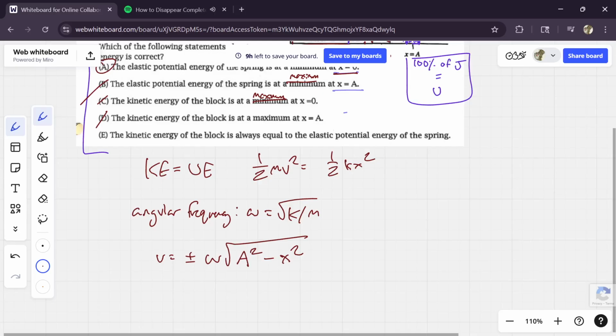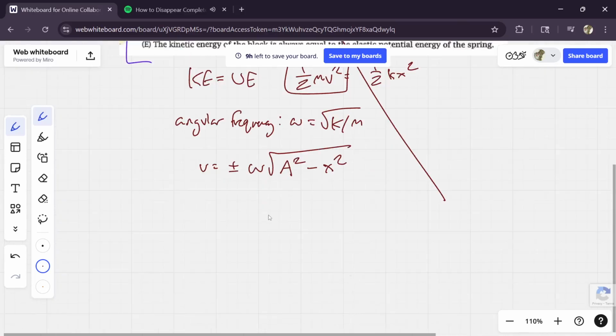So we actually have to plug this v into our standard kinetic energy equation. I'm going to pull this up here because spring is its own thing. That means that K is going to be equal to 1/2 m times w squared times (A squared minus x squared). This is just us plugging it in.